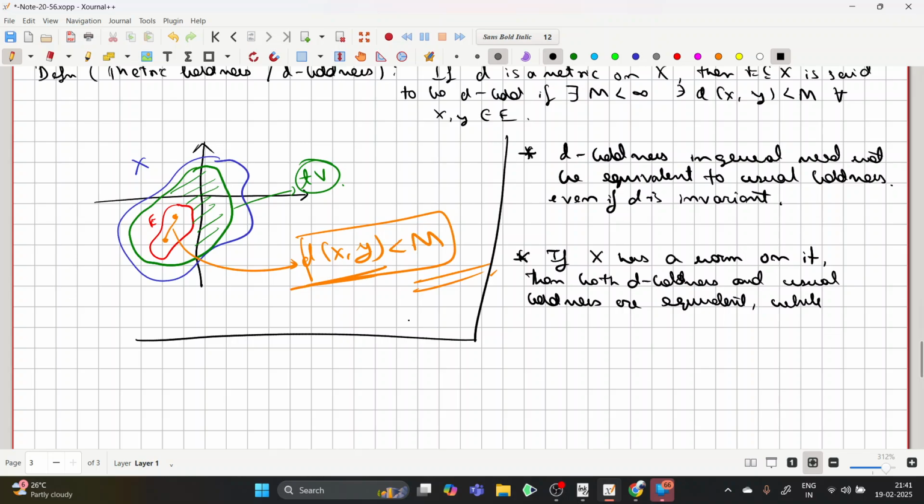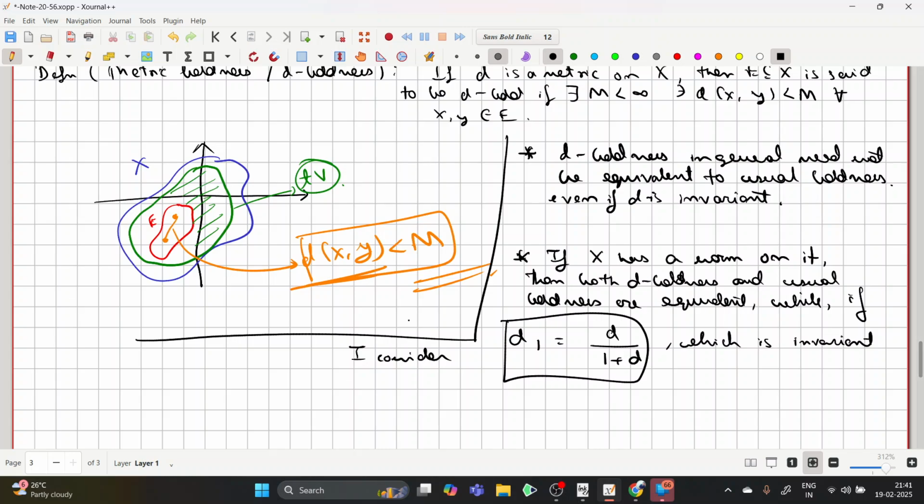Now we know that, provided a metric, I can induce a different metric in this form. If I consider this metric, which is still invariant, assuming d is invariant, obviously, because we are considering a metric on a metrizable topological vector space, which is invariant, and also equivalent to d.